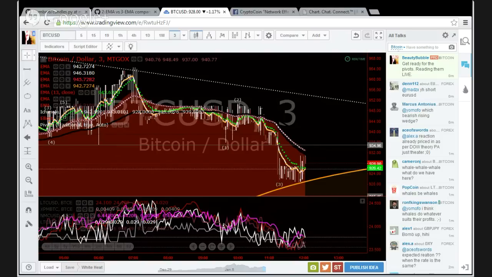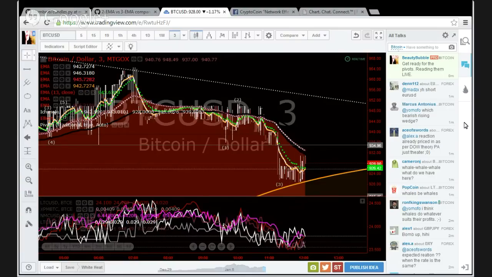Your resistance 1 is 984. Your resistance 2 is $1,030. Your support 1 is 876. Your support 2 is 814. And don't worry, I'll reread these to you guys. And now I'll be giving the pivot guy the next pair.